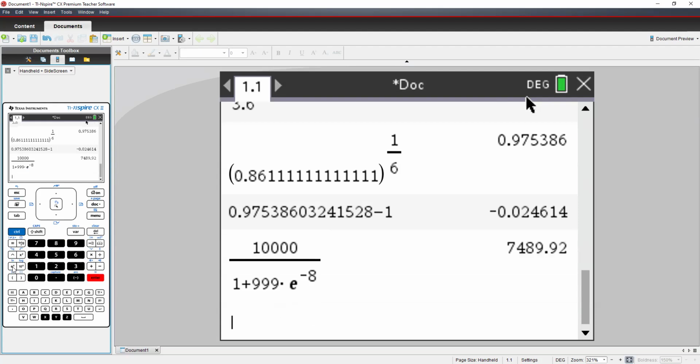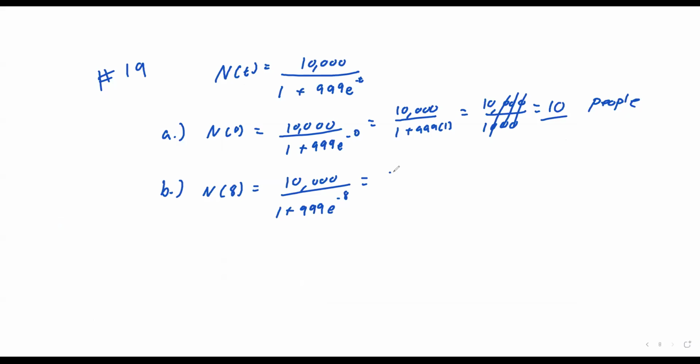And we get 7,489 people now have it. So after 8 weeks, we now have about 7,000. I think they just want you to round in general. So this would be 7,490 people have the flu.